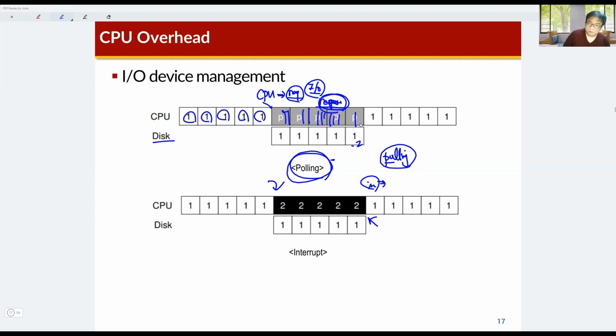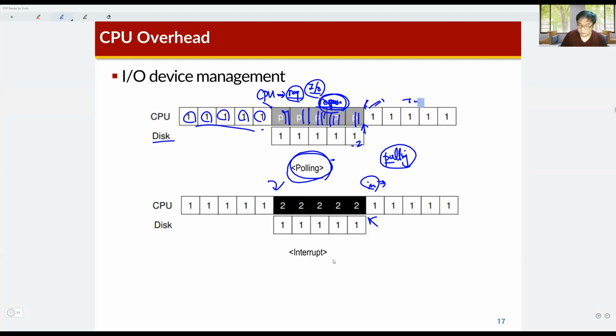And then if the request is serviced by the hard disk drive, the status is changed, and then the CPU receives the data from the hard disk drive and then continues its own task. This is the polling-based control.